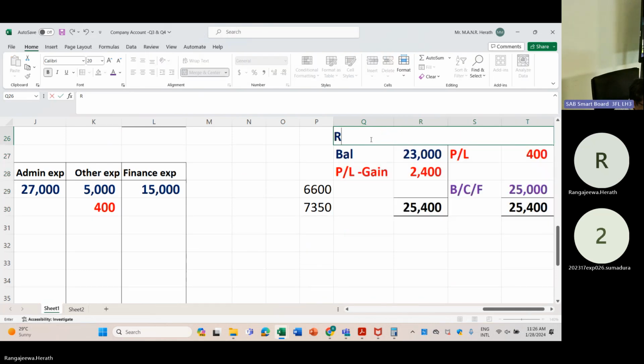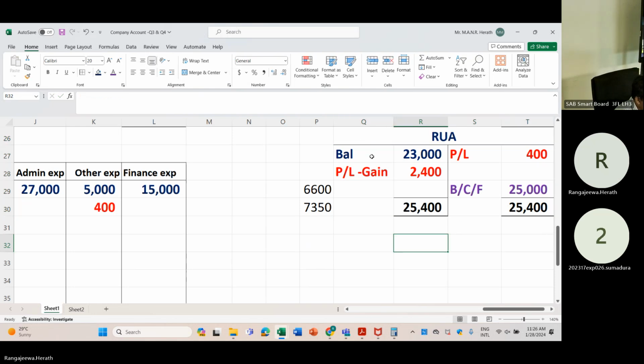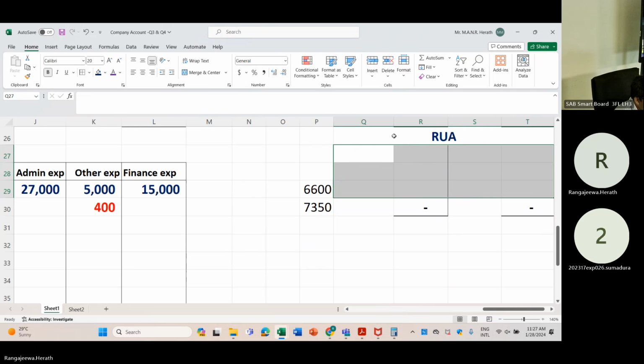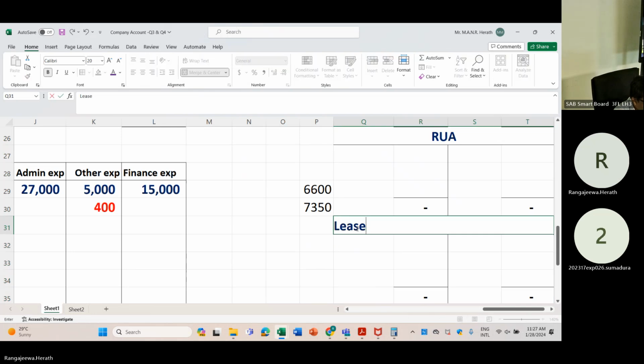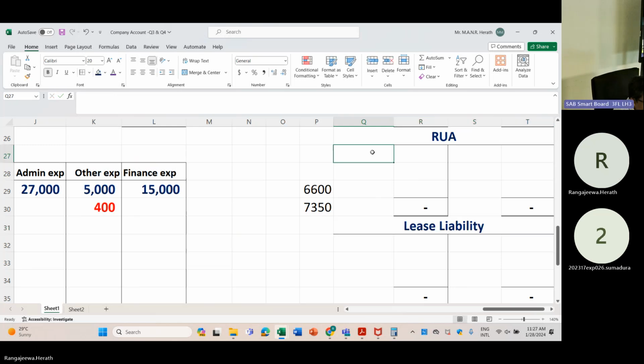Right of use asset account. And I will have the lease liability account also same. That the right of use asset කියන එකේ නම් brought forward එකක් තියෙනවා. balance එකක් තියෙනවා 9,000.